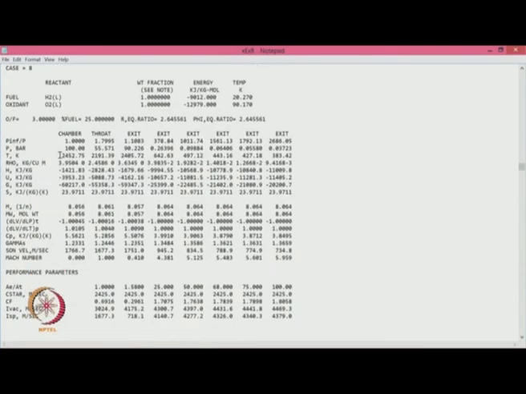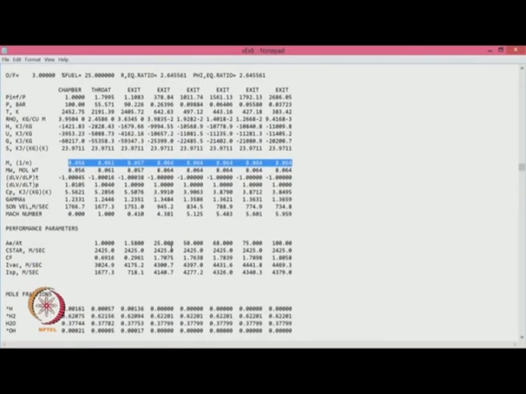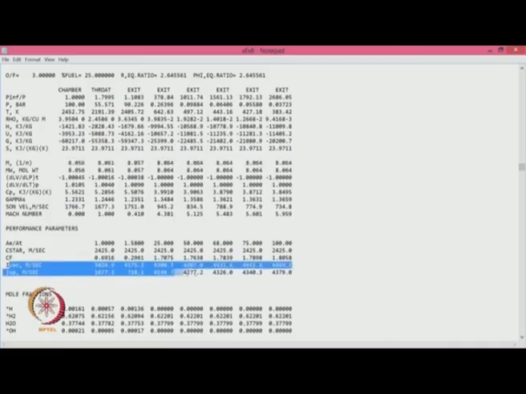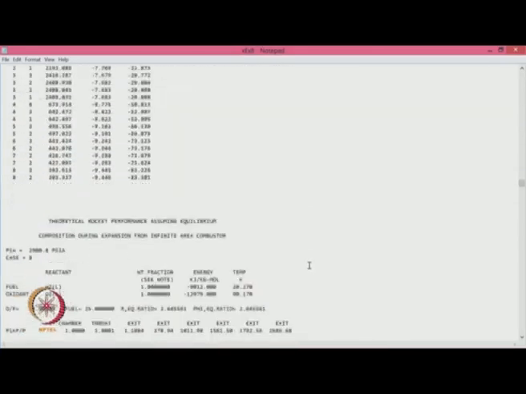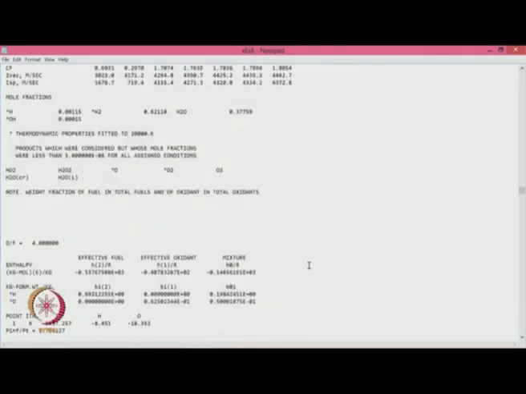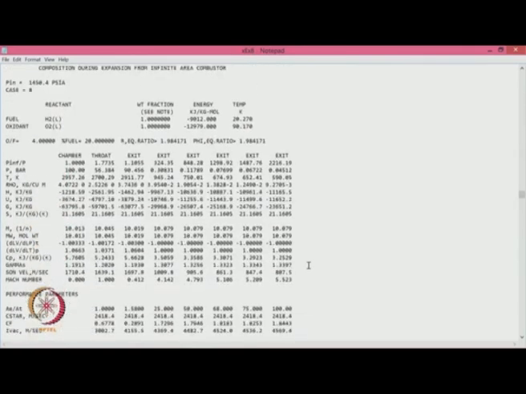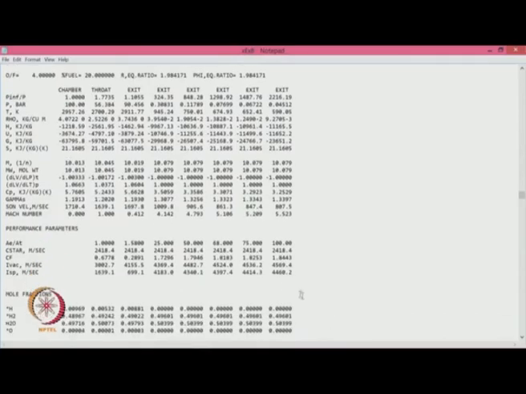Then if we go to an O by F of 3, temperatures go to 2450 and molecular weights increase to something like 8. So, consequently, ISP goes to something like 4469. Then further, if we increase the O by F to 4, this goes to 4569.